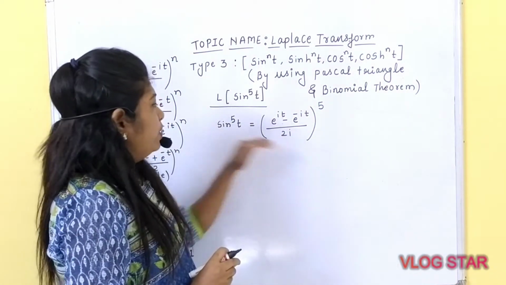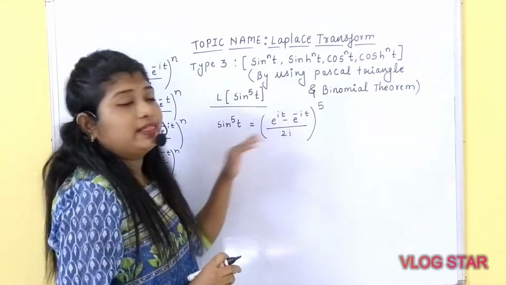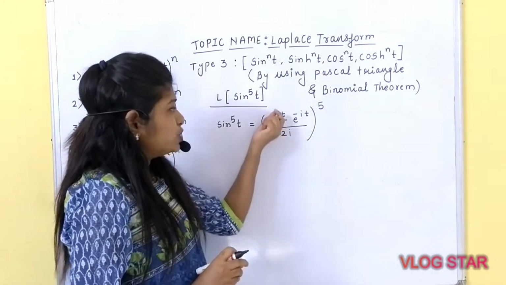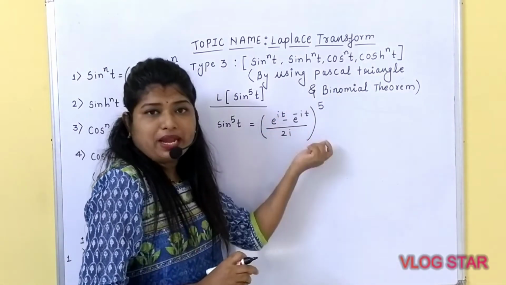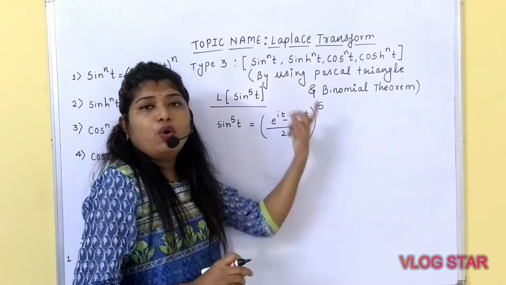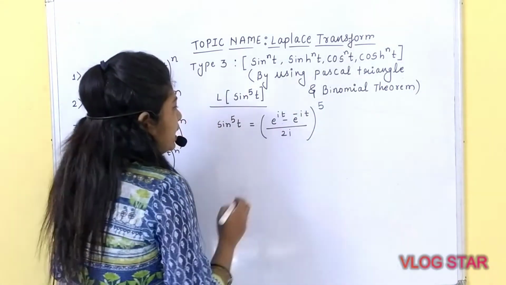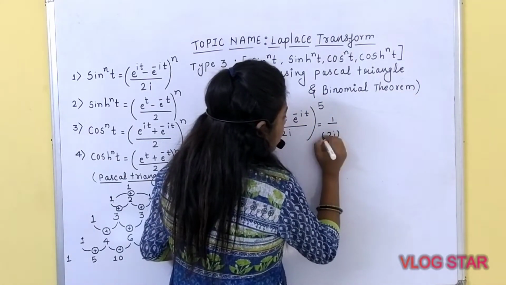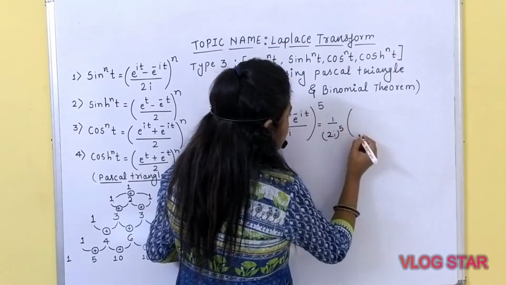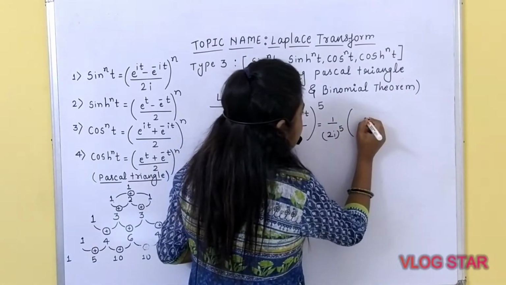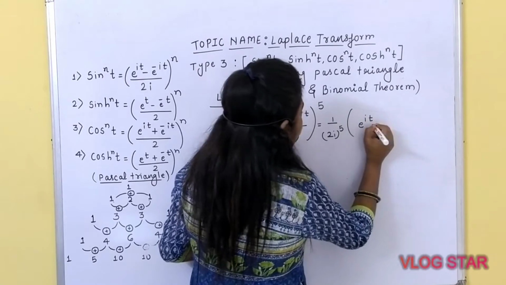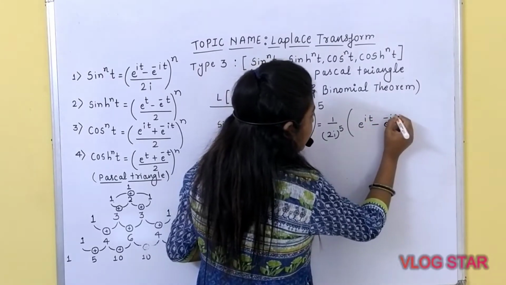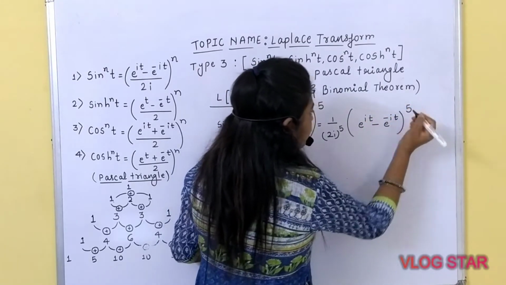So now sin raised to 5t is equal to (e raised to it minus e raised to minus it upon 2i) whole raised to 5. We can take 1 upon (2i) raised to 5 outside the bracket. Inside, we have (e raised to it minus e raised to minus it) whole raised to 5.